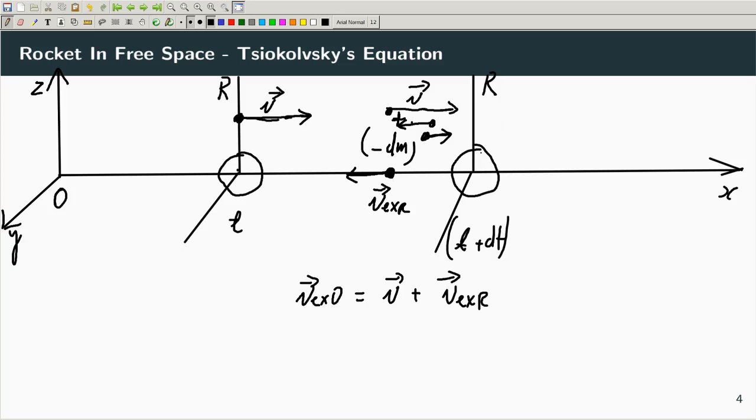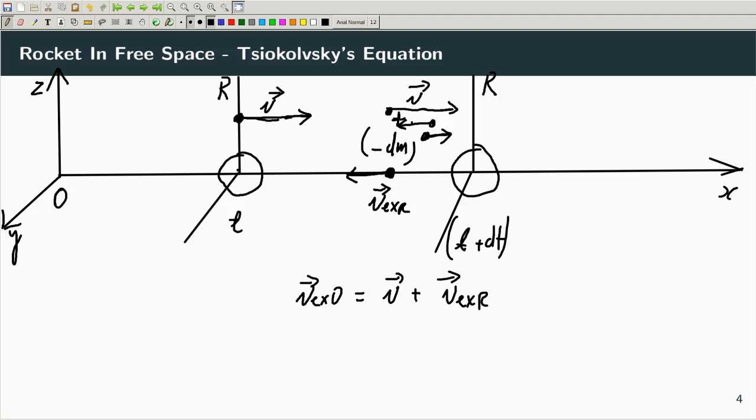And the rocket itself, the velocity of this particle could have either a positive or negative direction from the O reference frame. Because if the rocket has an incredibly high initial speed with a smaller exhaust speed, the net velocity of the exhaust gas dm from our frame O will be pointing in the positive direction.